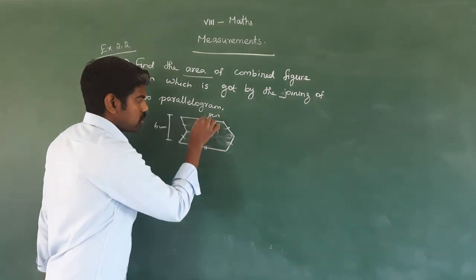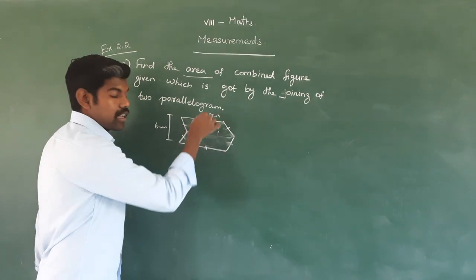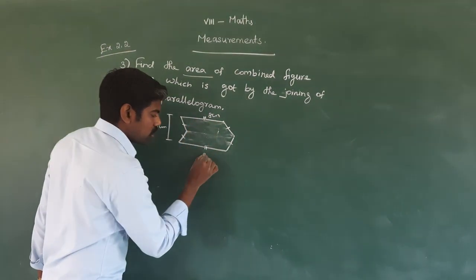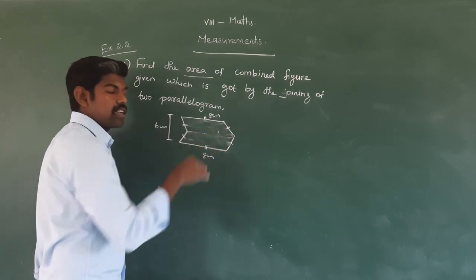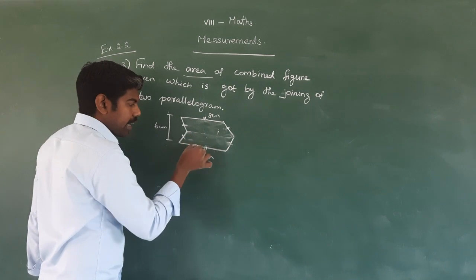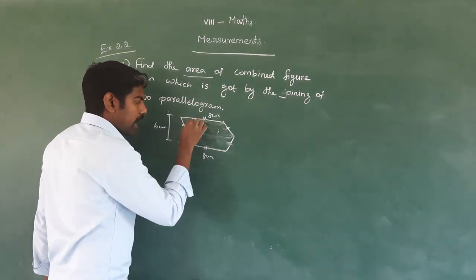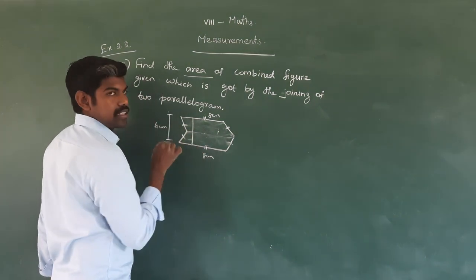These four sides are equal, and the total height is 6 centimeter. So the height of this is 3 centimeter, and the height of this is 3 centimeter.